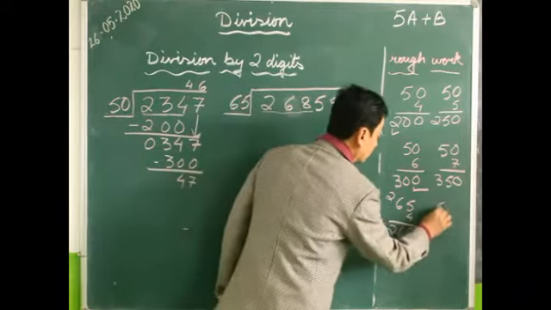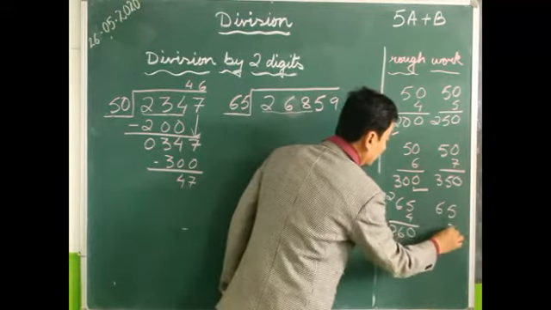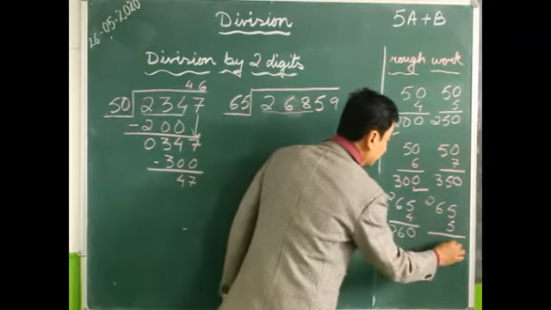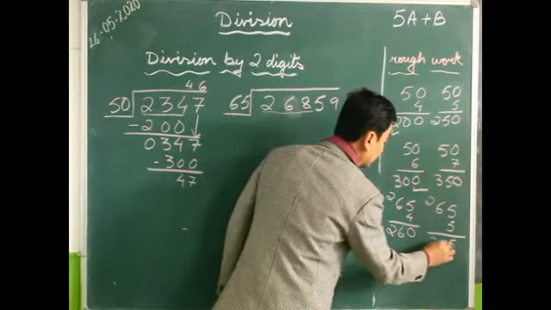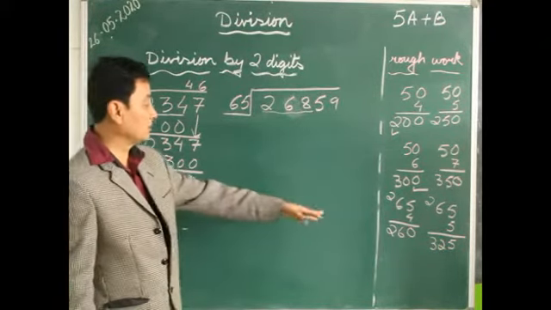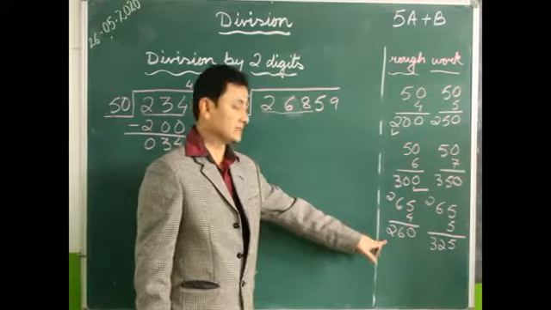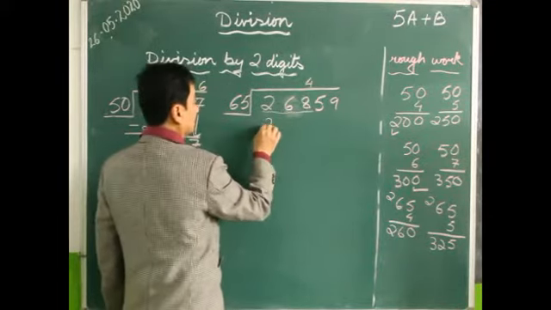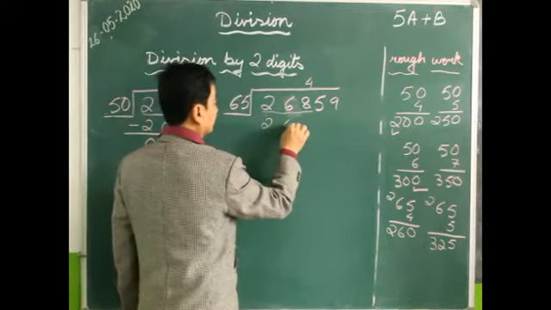Now to be sure of our answer, let's multiply once more by 5. 5 5s are 25, 5 6s are 30, 31, 32. That number is big. So which number will go? 260. How many times? 4 times. 260.